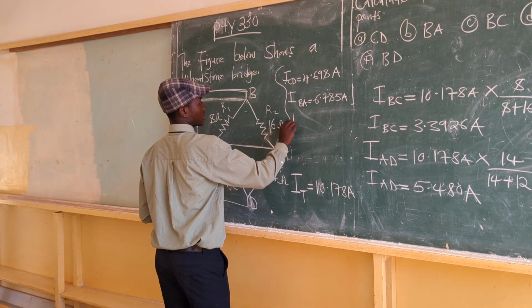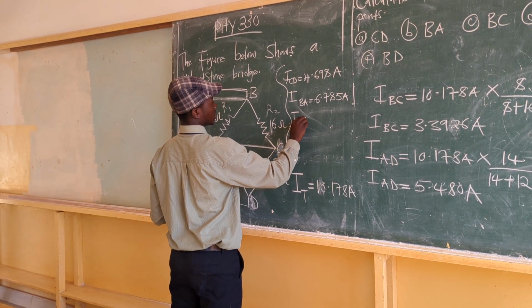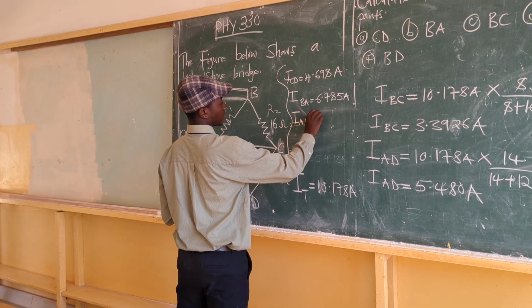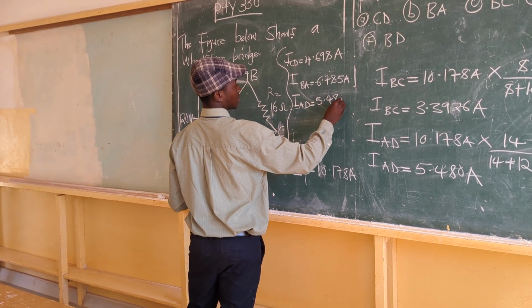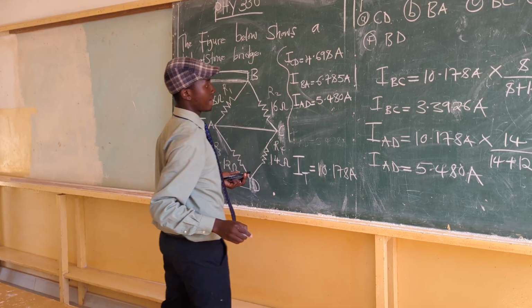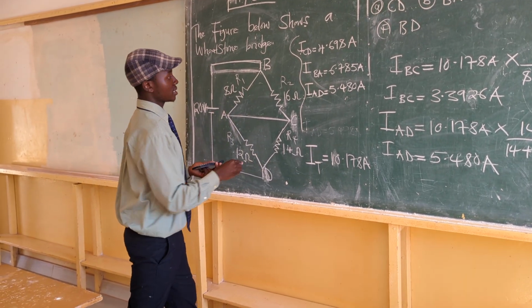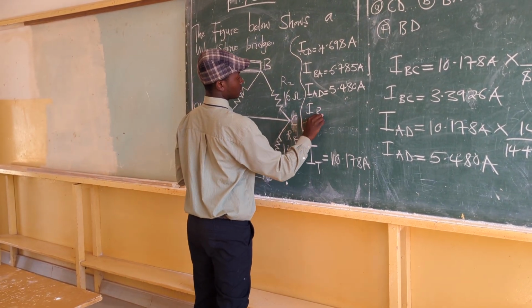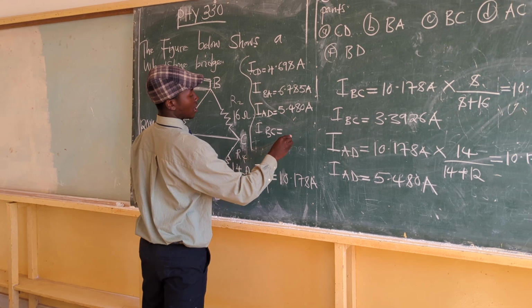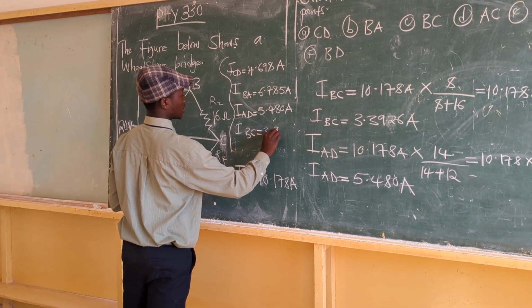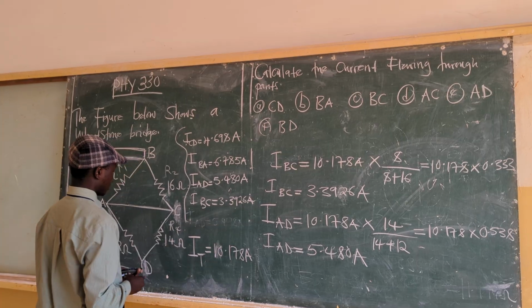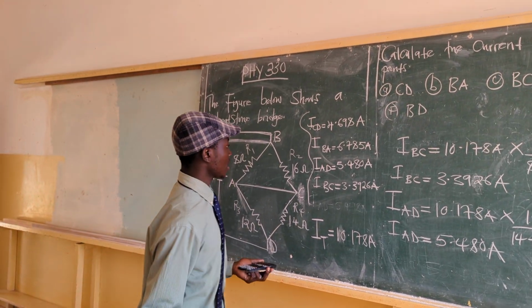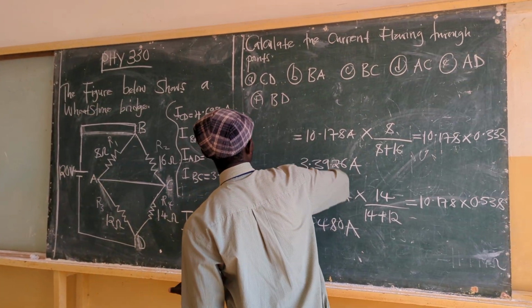The current flowing at the point AD we have found is 5.480 amps. The current flowing at the point BC we have is 3.3926 amps.